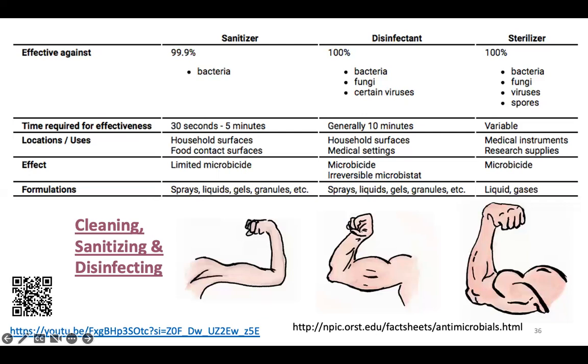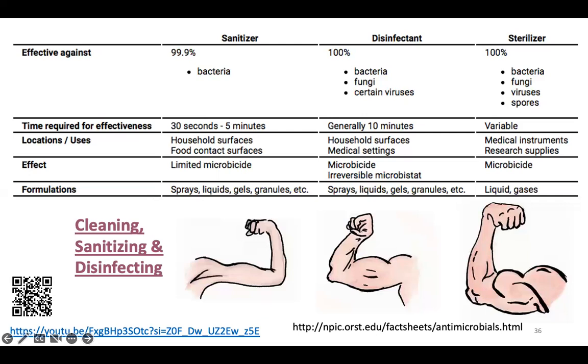Also, sanitizers can be used on household surfaces and food contact surfaces. As you can see, disinfectants and sterilizers are not labeled here for food contact surfaces. That's why you have to read the labels when you are using them, whether it's a food contact surface, household surface, or non-food contact surface.